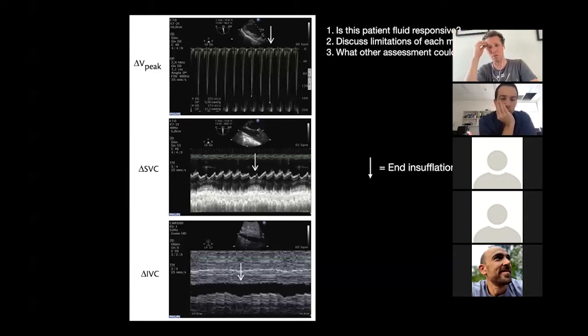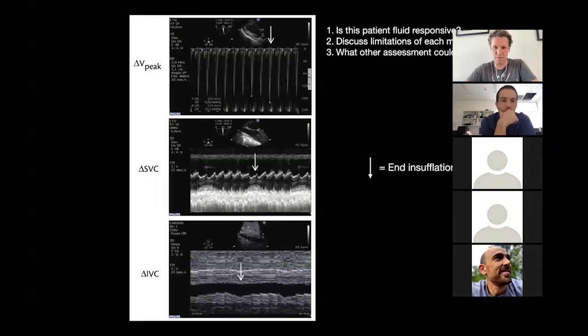But we also have pretty good evidence that if we give fluid, after about an hour, a lot of the fluid leaks out and you're back to exactly where you started. And you can do it again and again and again until they're edematous and look like a Michelin man. I don't know what the exact answer is, but I do know that if we give patients lots of fluid, they can have worse outcomes. And causation versus association, I don't think we know, so I think it's a funny old term, this fluid responsiveness, I guess is all I'm saying.